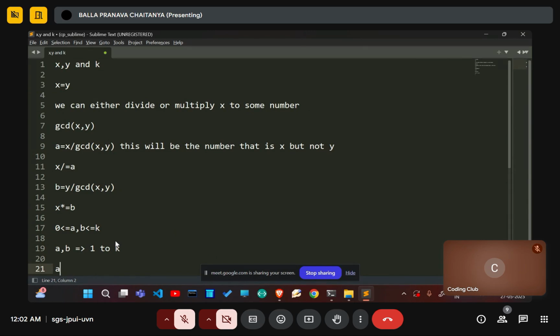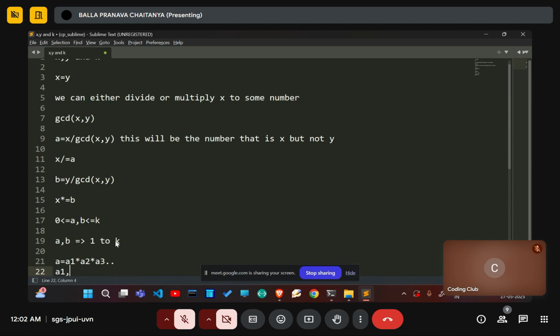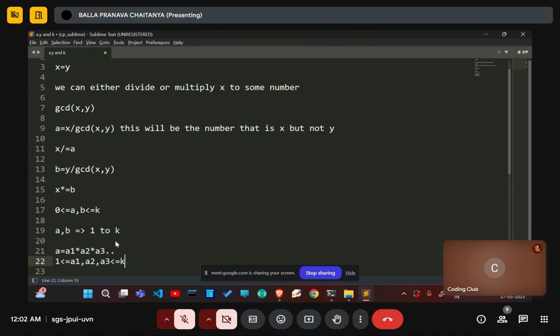Dividing x by a should be expressed as a product of some numbers, let's suppose a1 into a2 into a3 and so on, such that all of them are greater than or equal to 1. Then we separately divide x by a1, then by a2, and by a3, and so on.